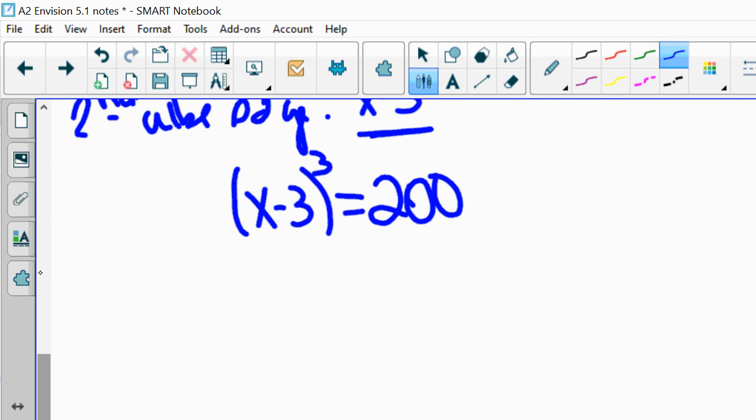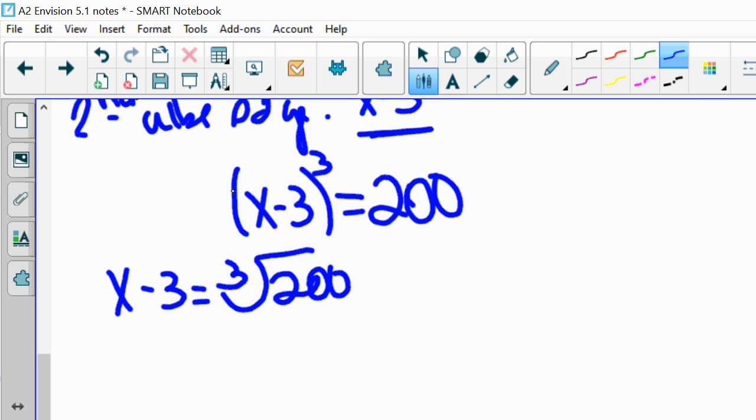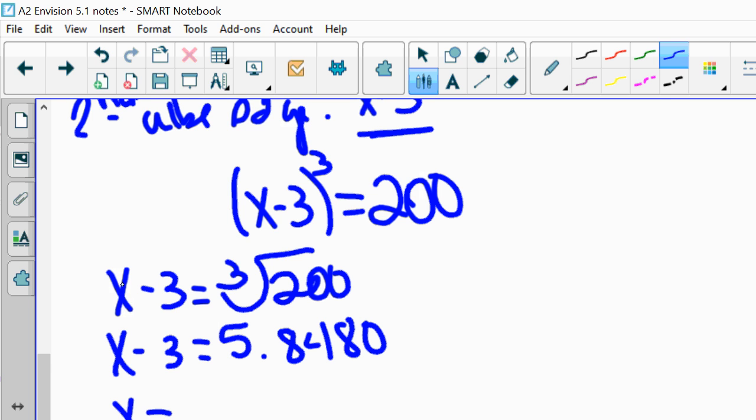Let's solve this. Take the cube root of both sides, so x minus 3 equals the cube root of 200. The cube root of 200, that is not a nice whole number, so I get x minus 3 is equal to approximately 5.8480. Add 3, so I get x equals approximately 8.8480.